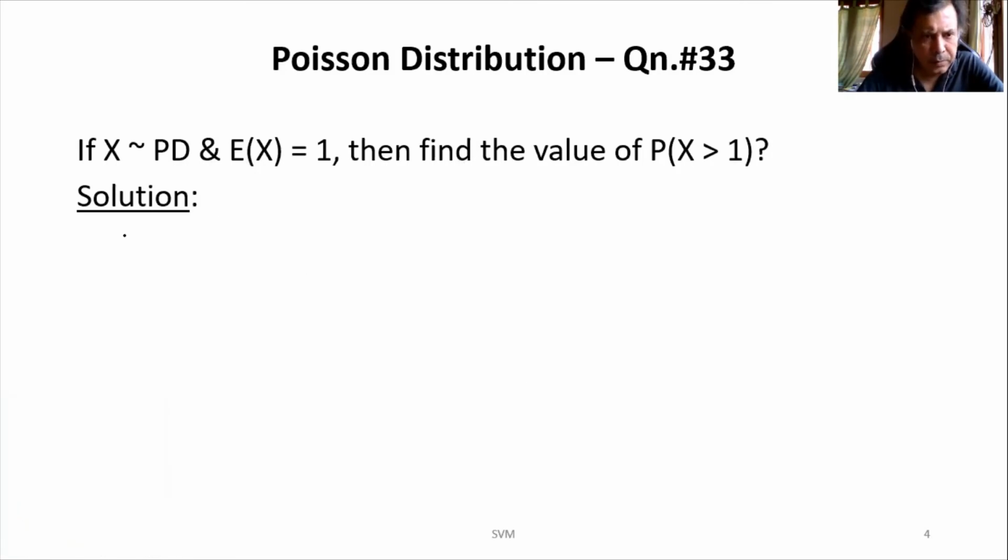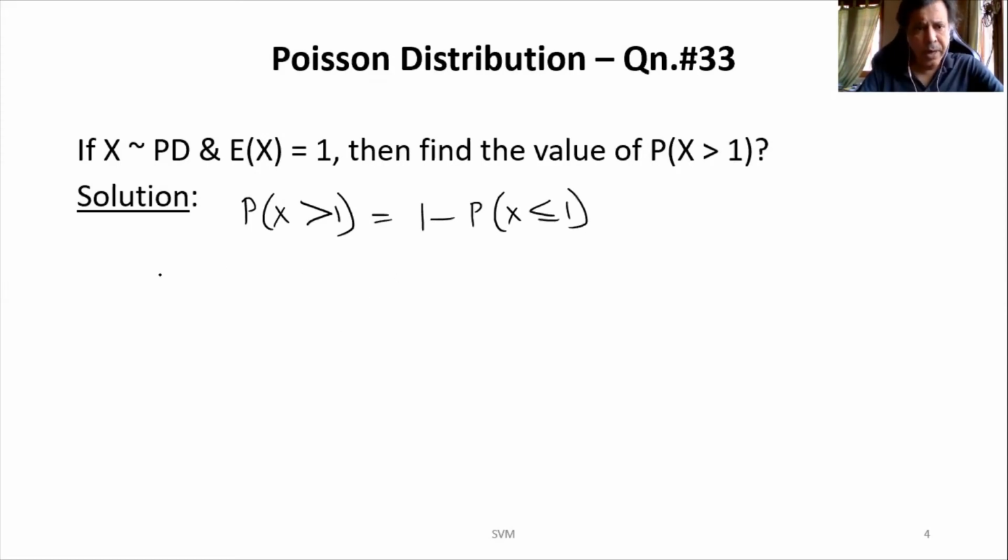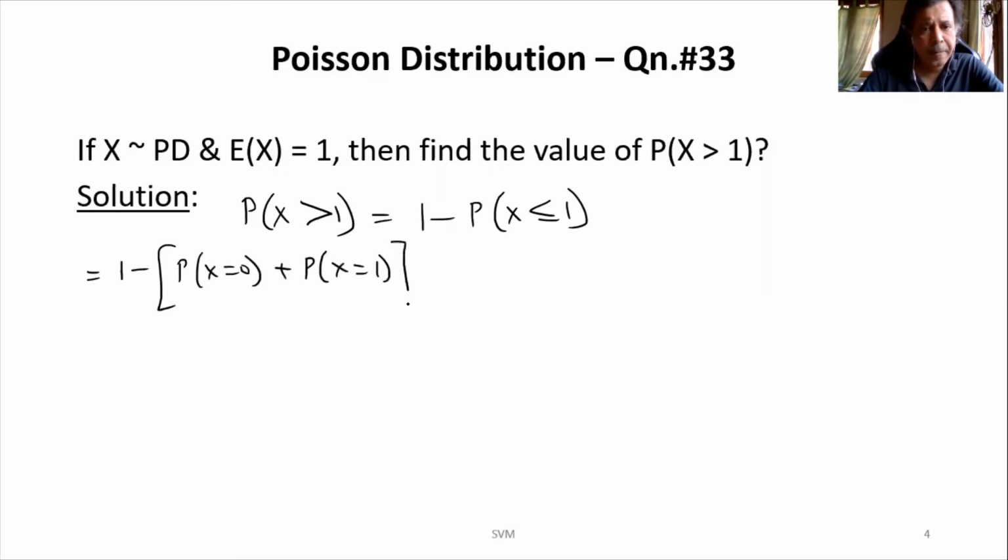So probability of x greater than 1, that can be written as 1 minus of probability of x less than or equal to 1. I'm going by the complement of it. What is that? That I can rewrite it as probability of x equal to 0 plus probability of x is equal to 1, right?